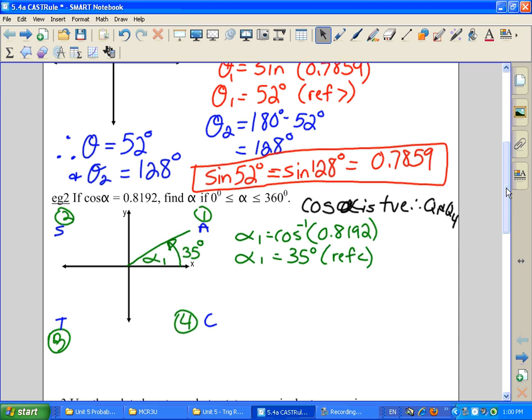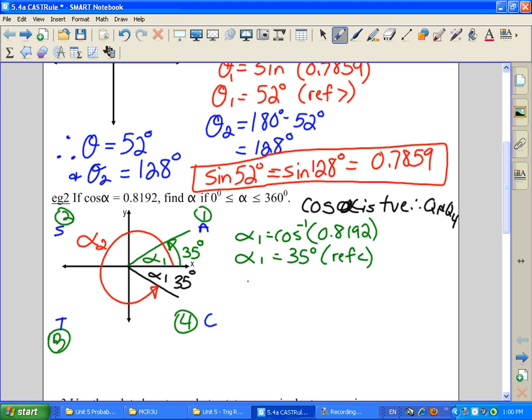Now to get the other possible solution, because cos is positive in 2 quadrants, we're going to draw alpha 1 here in quadrant 4. We know this is 35 degrees. So to get our second angle, we're going to start here, go all the way around to get there, and that's going to be alpha 2.